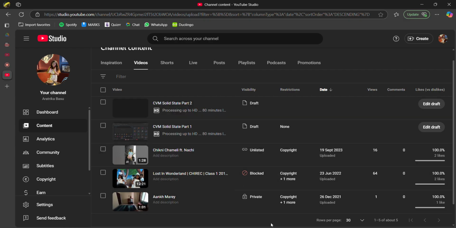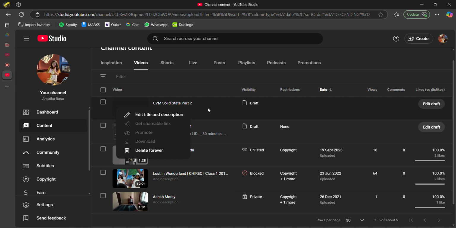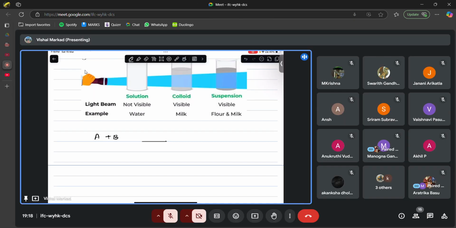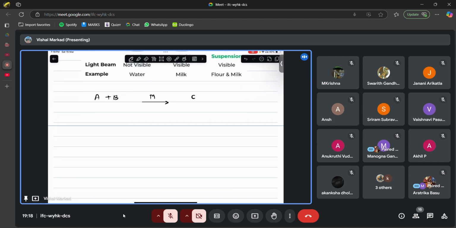Okay, sir. And one more thing will be there regarding the activity and selectivity of catalyst. Activity is how much the rate will increase, while selectivity is like this: suppose two reagents, A plus B, react, and if you use some catalyst M, you get some product C. Now in the second case, we use the same reactants but change the catalyst, and you get another product.